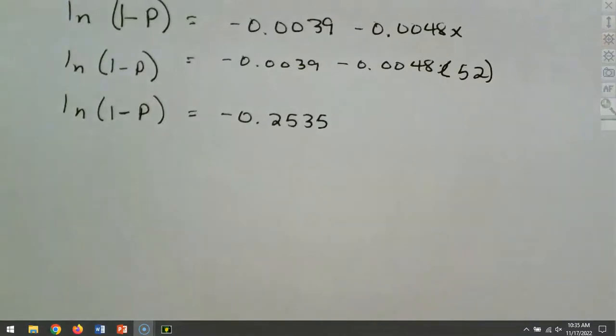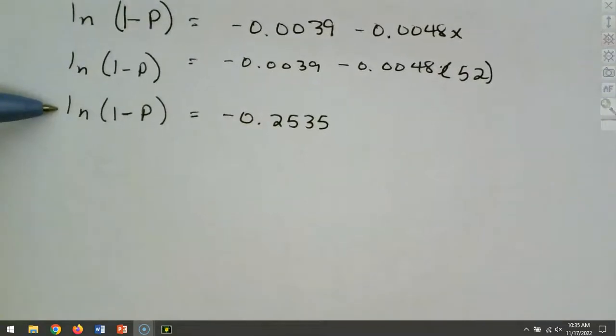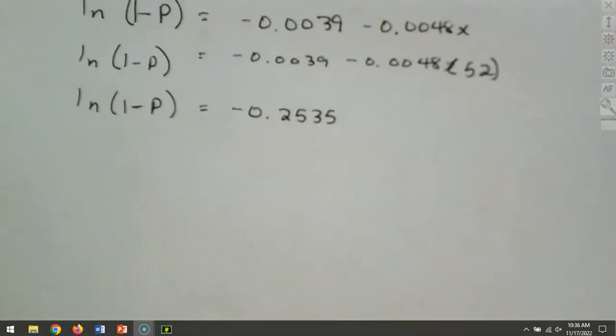Now, what do we need to do? We need to eventually get to that p. But what's that p inside of? The natural log, ln. So how do we get rid of an ln? What gets rid of an ln? An e. So we go ahead and take both sides to the e power.